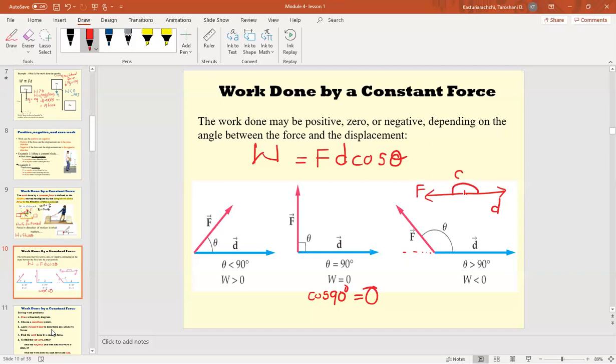Theta is 180, because I define theta as the angle between F and d when the two tails are together. Cosine 180, check your calculator, gives negative 1, so you would get a negative number. This is an easy, mathematical way to look at the angle. Okay, let's do a couple of problems.